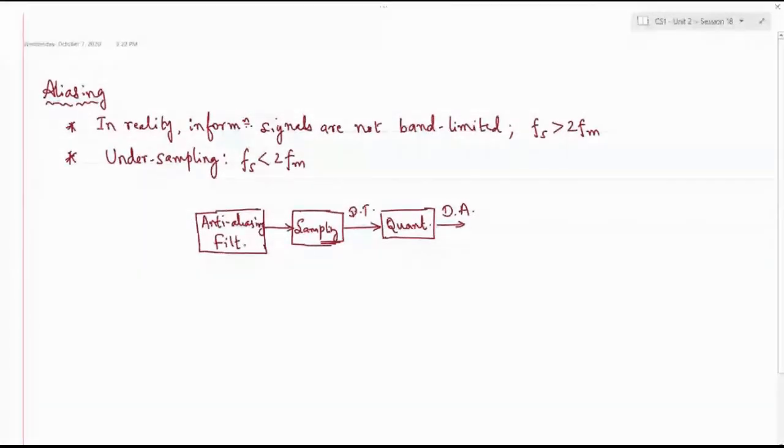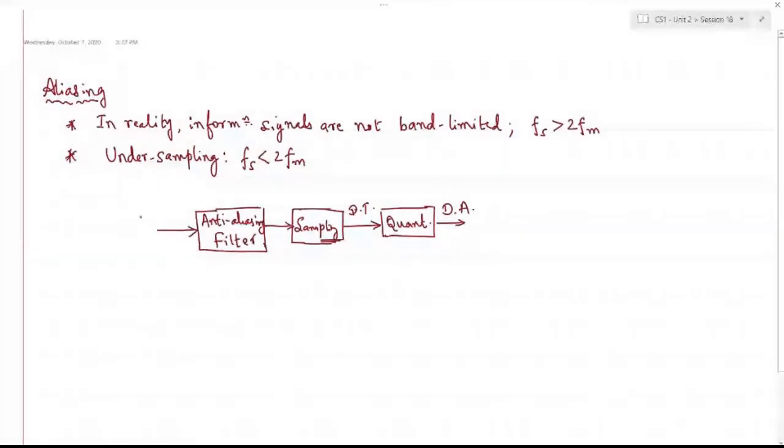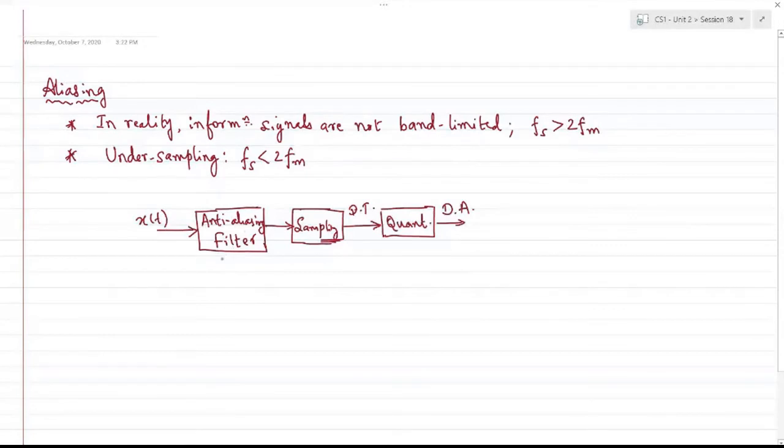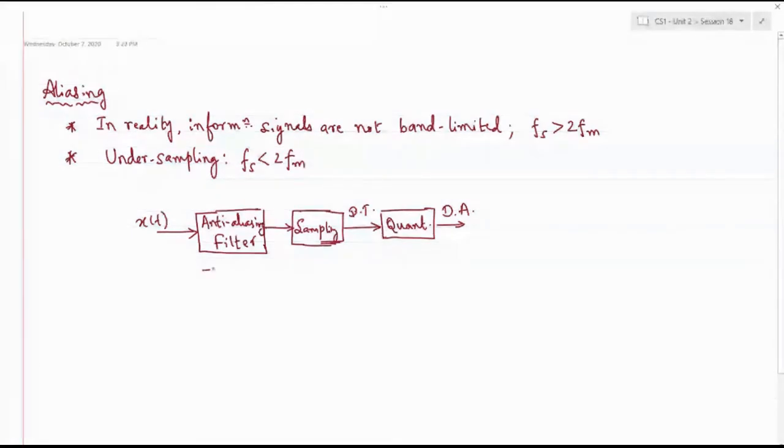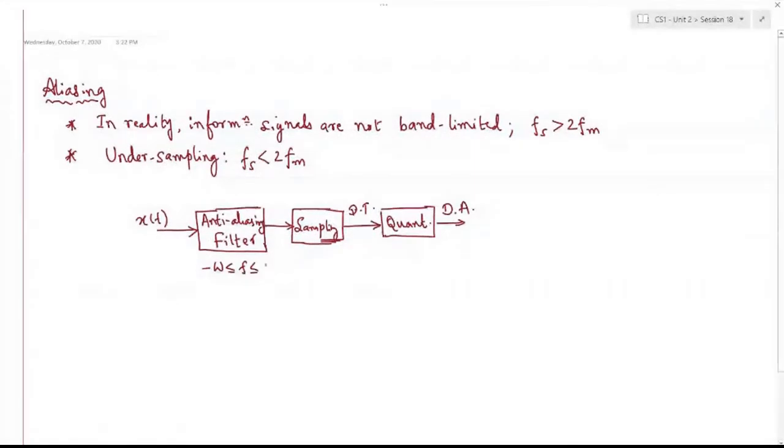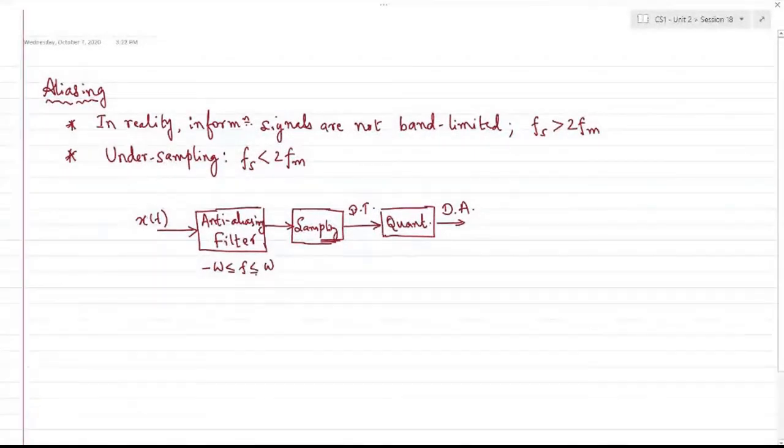This is your original information signal, let's say x of t. The anti-aliasing filter is a low pass filter with its bandwidth limited to minus W to W, which will truncate all the frequency content of the information signal, limiting it to 0 to W hertz.